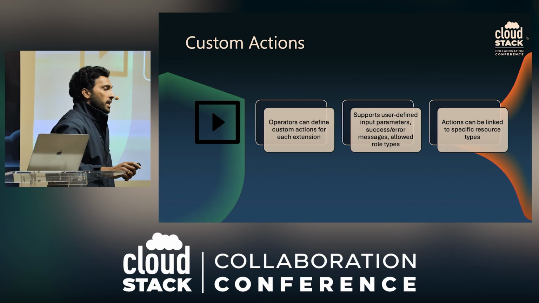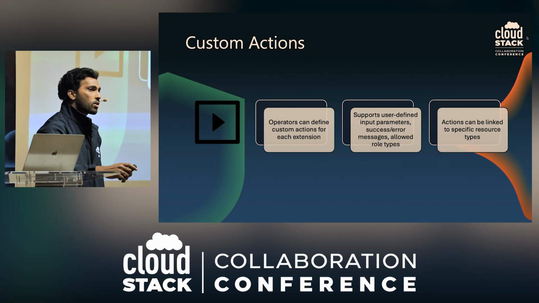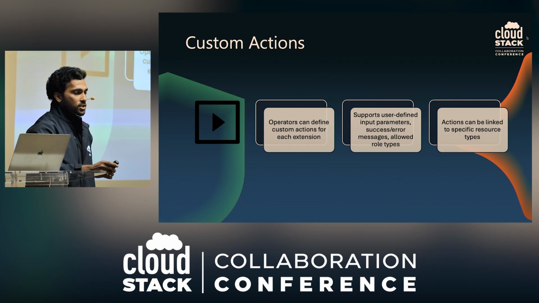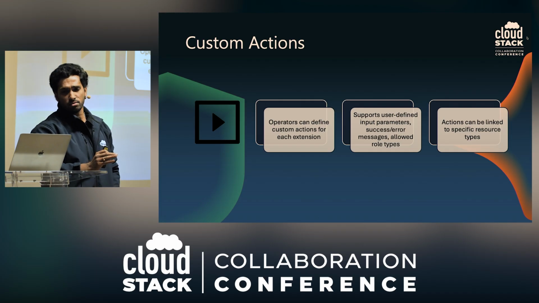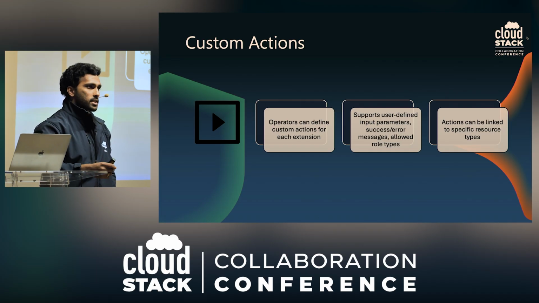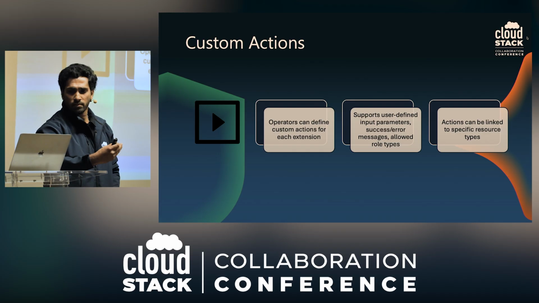On top of the extensions, as I said, we can define custom actions on each extension. This is more or less like defining a dynamic API. As an example, if I want to take a snapshot of the Proxmox instance, as an operator, I'll have to define a custom action on the extension, saying take snapshot, and we can define the user inputs as well.